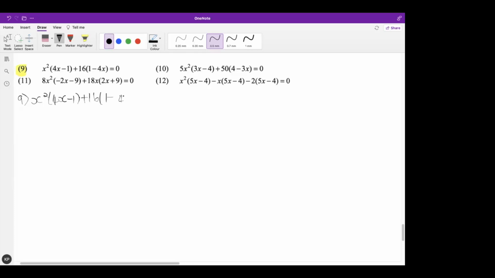Tell me something about those two brackets that you can see there. What do you notice about those two brackets? They are almost the same. What is different? What is the one thing about those two brackets that's different?